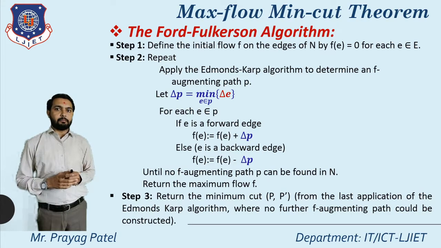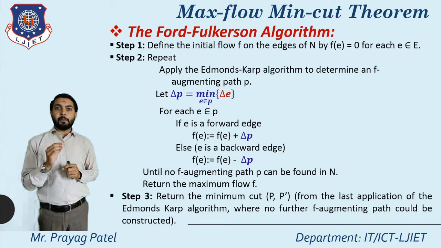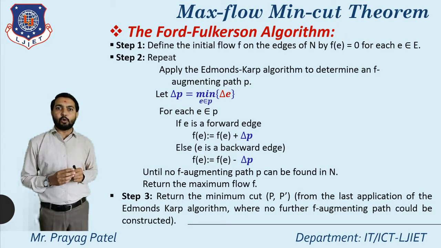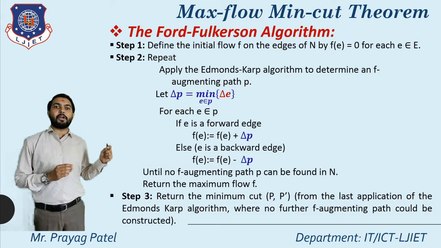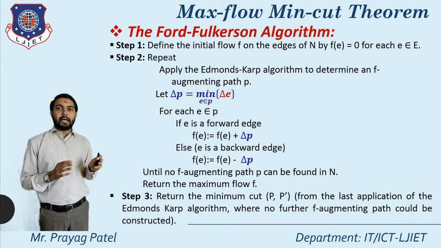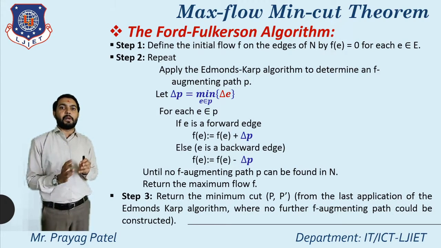Now step number 3: return the minimum cut P, P dash from the last application of the Edmonds-Karp algorithm, where no further augmenting path could be constructed. So if no path is possible, then our last cut is considered the minimum cut P, P dash.